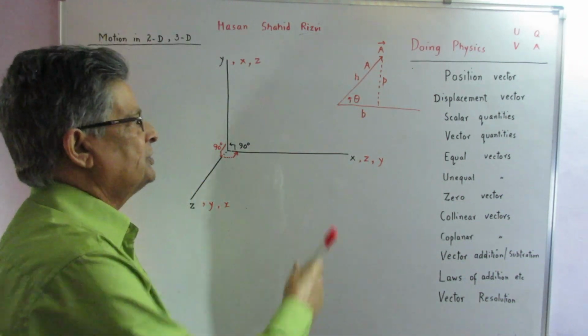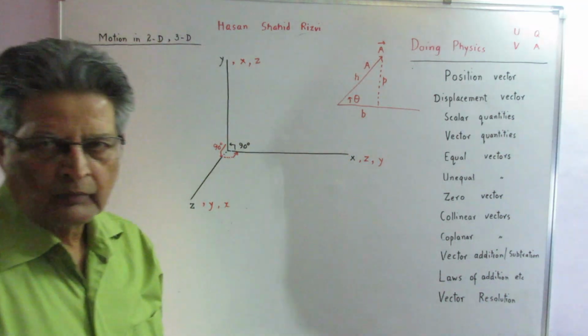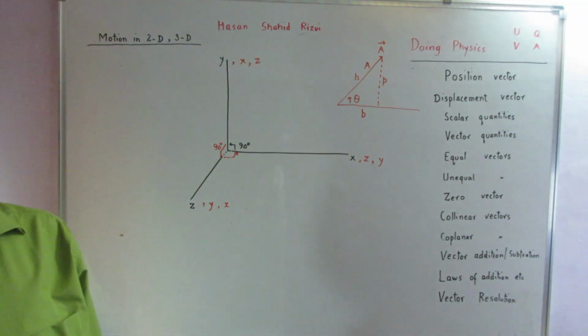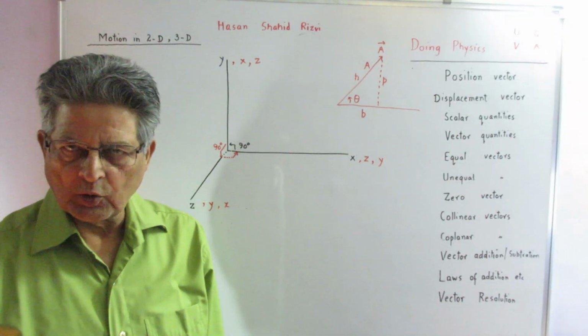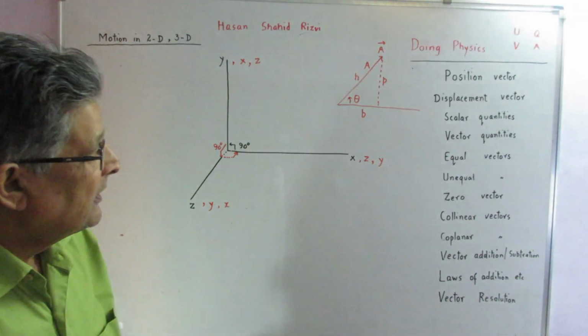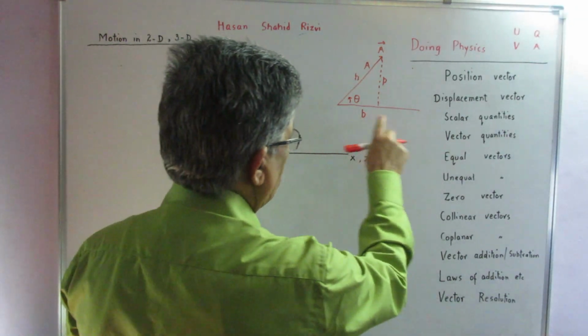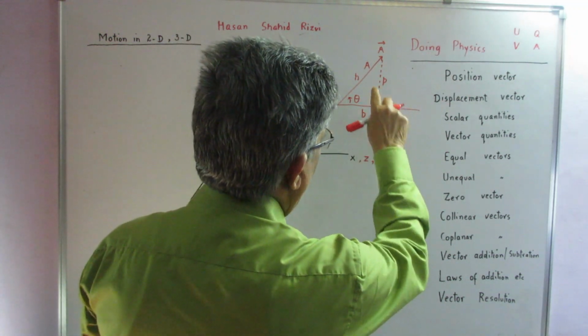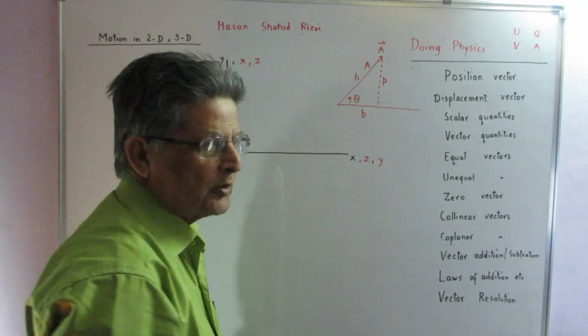As I reduce the value of theta, approaching 0, what will happen? The base is going to be approximately equal to the hypotenuse.